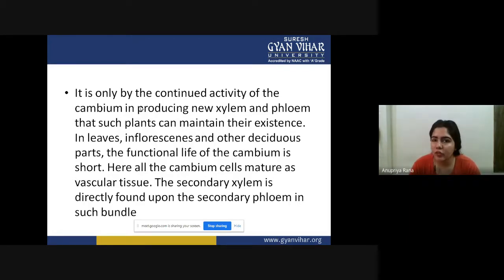Because the functional activity of the cambium is very short. That's why they convert all the cambial cells into vascular tissue, because they do not need to regrow, as the life of the part in which they are present is very short. That's why the whole secondary tissue will be formed by the cambial tissue.